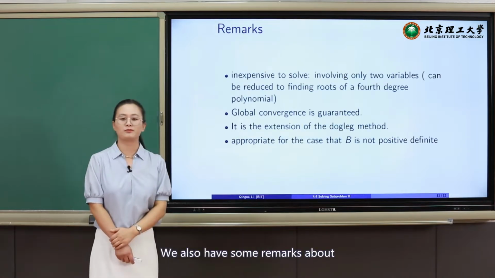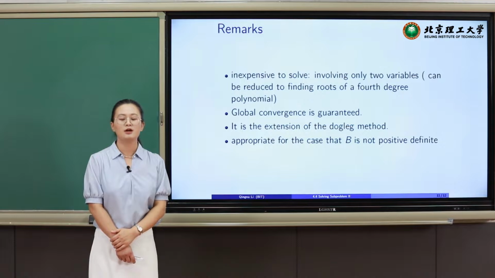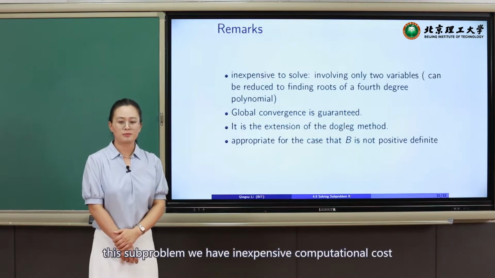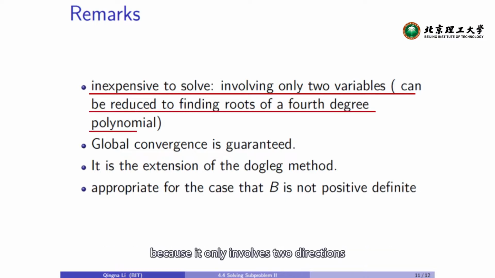We also have some remarks about the two-dimensional subspace minimization. Firstly, this subproblem has an inexpensive computational cost because it only involves two directions in a two-dimensional subspace. And the subproblem can be reduced to finding roots of fourth-degree equations.